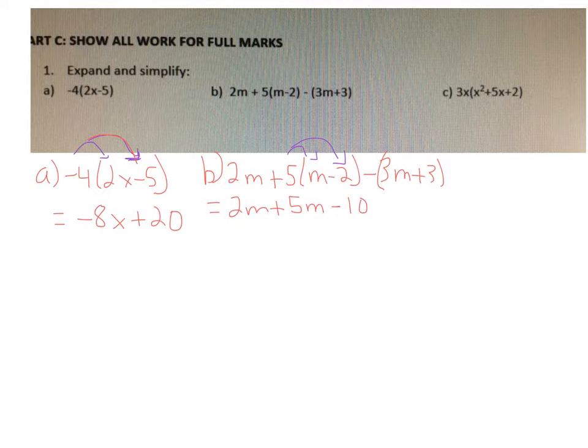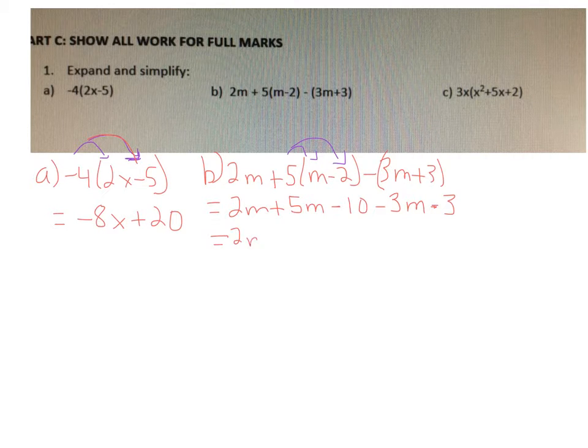remember the rule, when we have a negative in front of the bracket, it's going to change the sign for everything in the bracket. You promised me on Friday that you would remember that. So everybody remember that a negative in front of the bracket changes the sign for everything in the bracket.